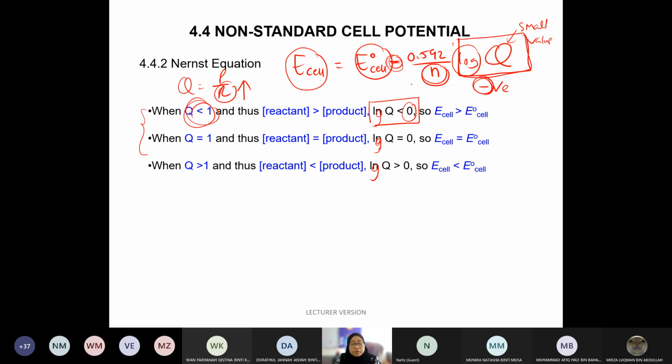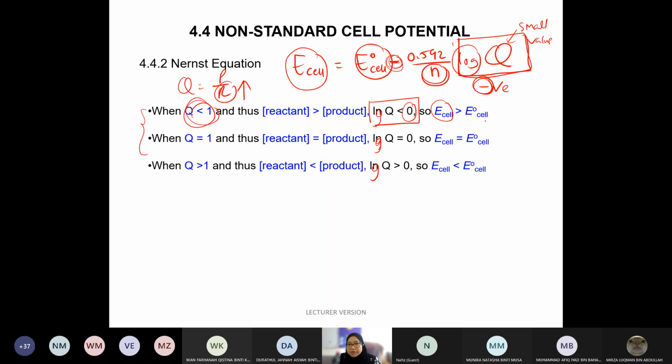Negative will produce a positive value, and then plus E naught cell. Therefore, the E cell will be larger than E naught cell. That's the conclusion of it.